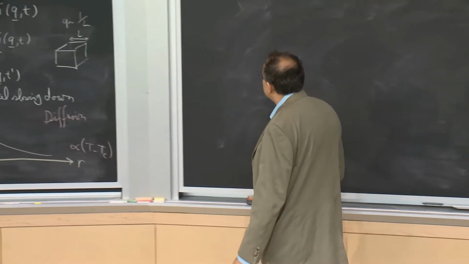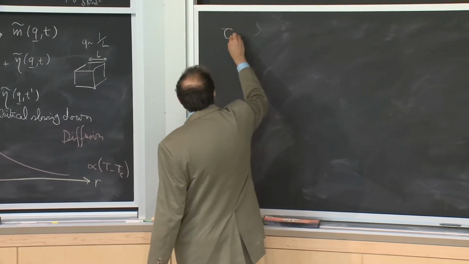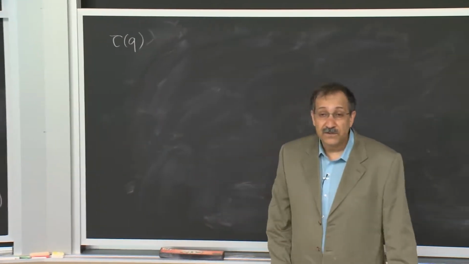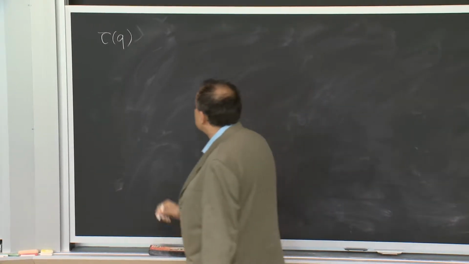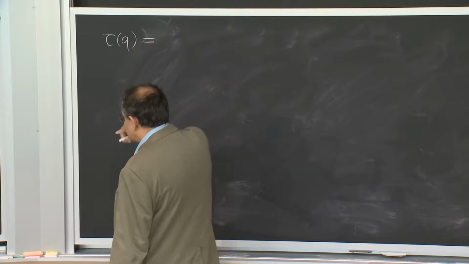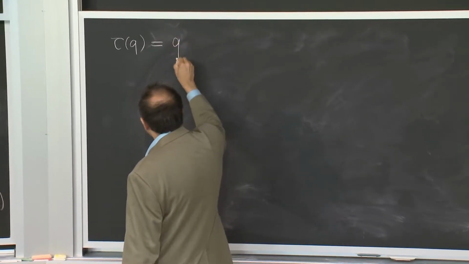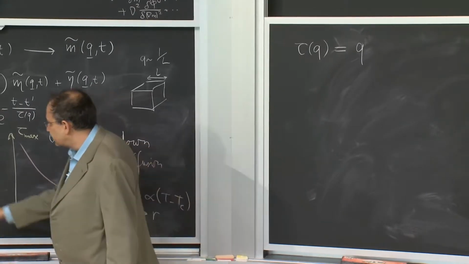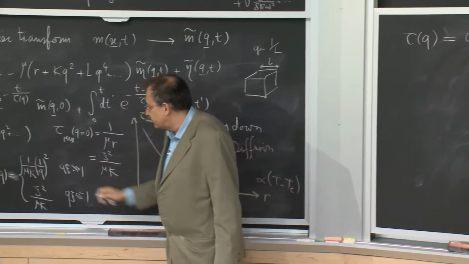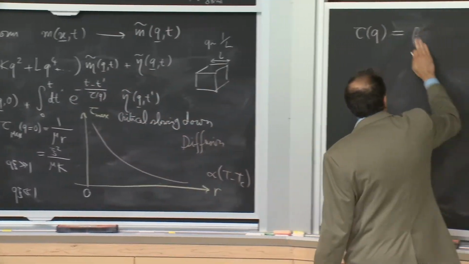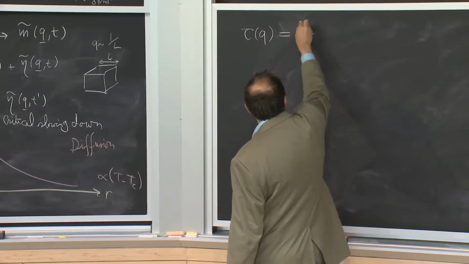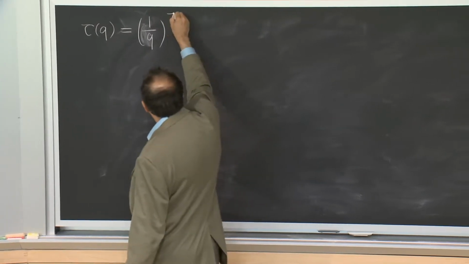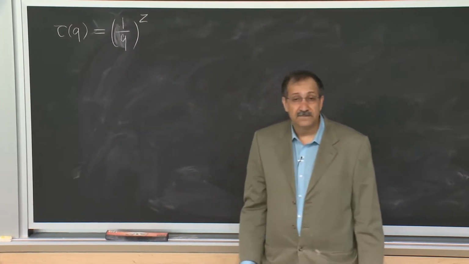And quite generally, you find that the relaxation time of a mode of wave number q is going to behave something like the wavelength, which is 1 over q, to some exponent z, rather than squared.